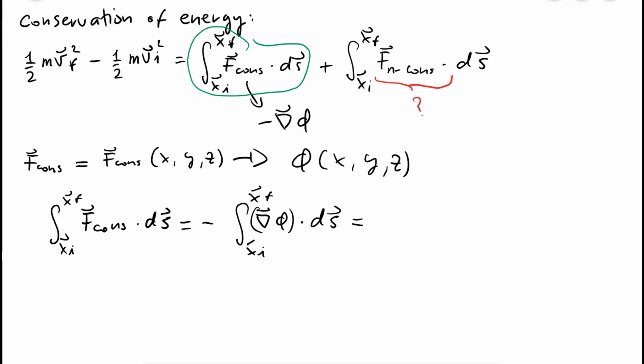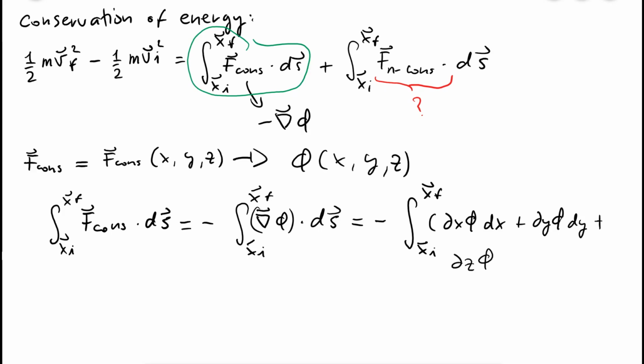So using the definition of ds, we can write it as minus the integral from xi to xf of the partial derivative with respect to x of phi dx, plus the partial derivative with respect to y of phi dy, plus the partial derivative with respect to z of phi dz.